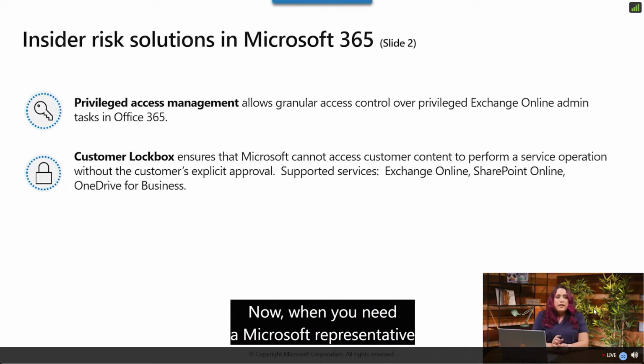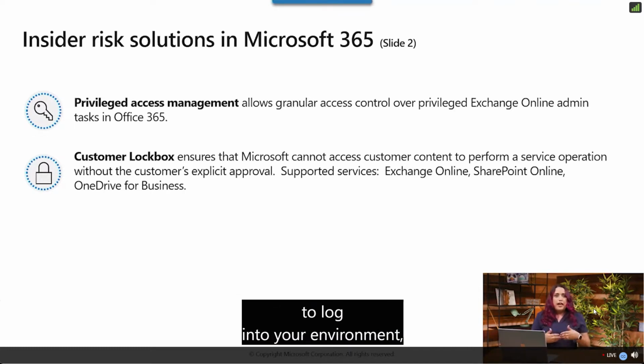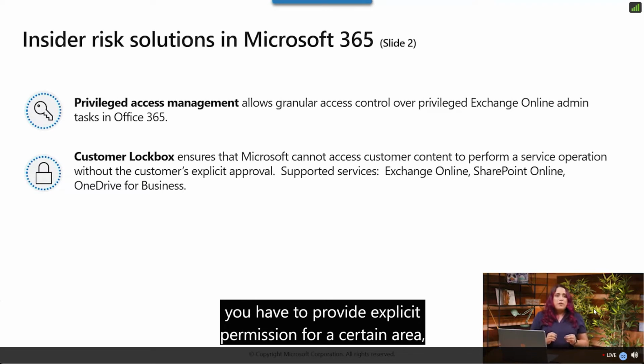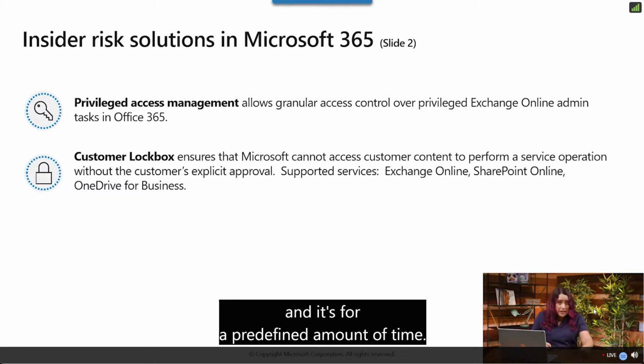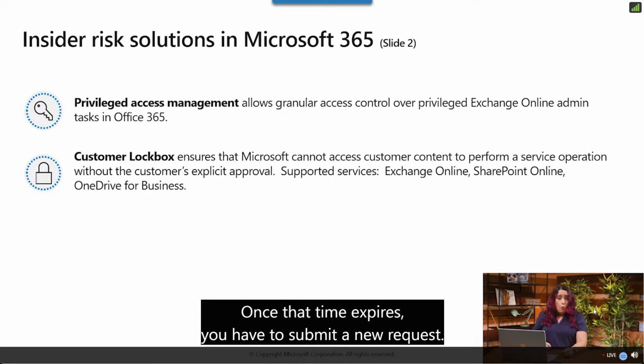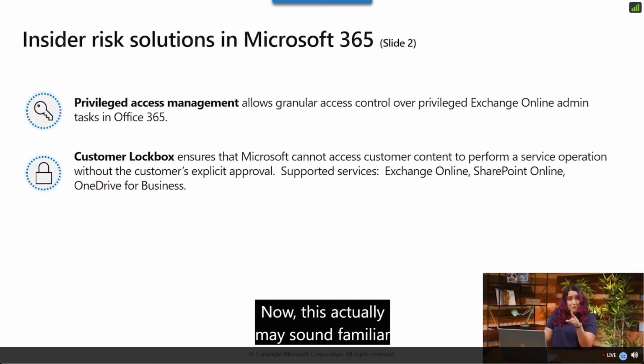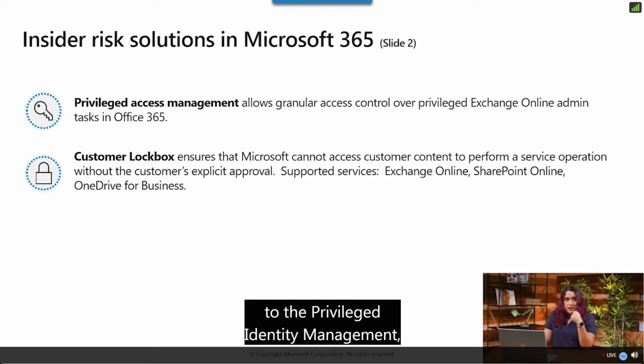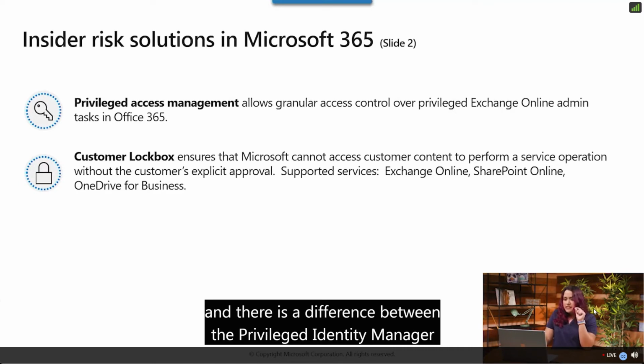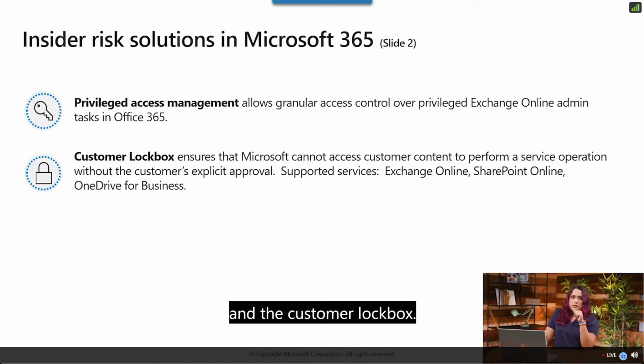Now, when you need a Microsoft representative to log into your environment, you have to provide explicit permission for a certain area, and it's for a predefined amount of time. Once that time expires, you have to submit a new request. Now, this may sound familiar to Privileged Identity Management, and there is a difference between Privileged Identity Management and the Customer Lockbox.